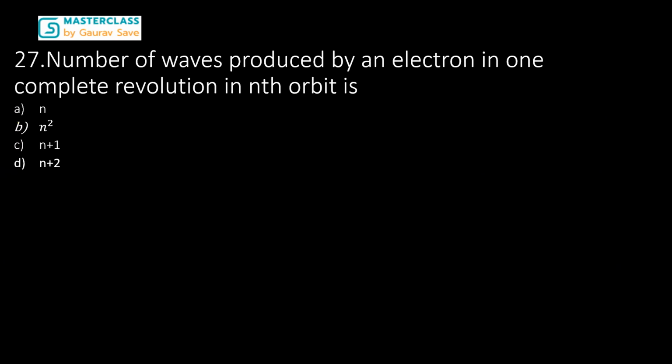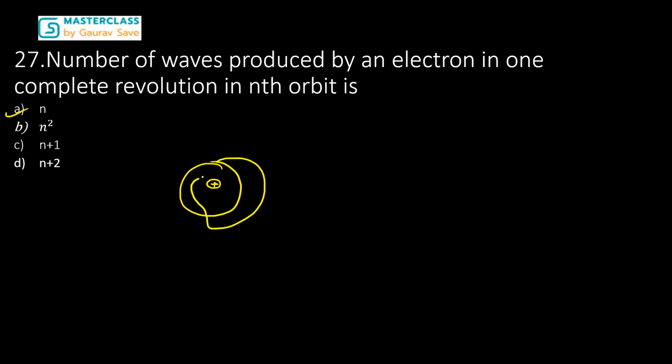Next, the number of waves produced by an electron in one complete revolution of nth orbit is, guys, its answer is n. This is a theoretical question. Now we all know that an electron can behave as a particle as well as a wave. So in the first shell, if a proton and one electron are present in the first shell, it can only take one wave.